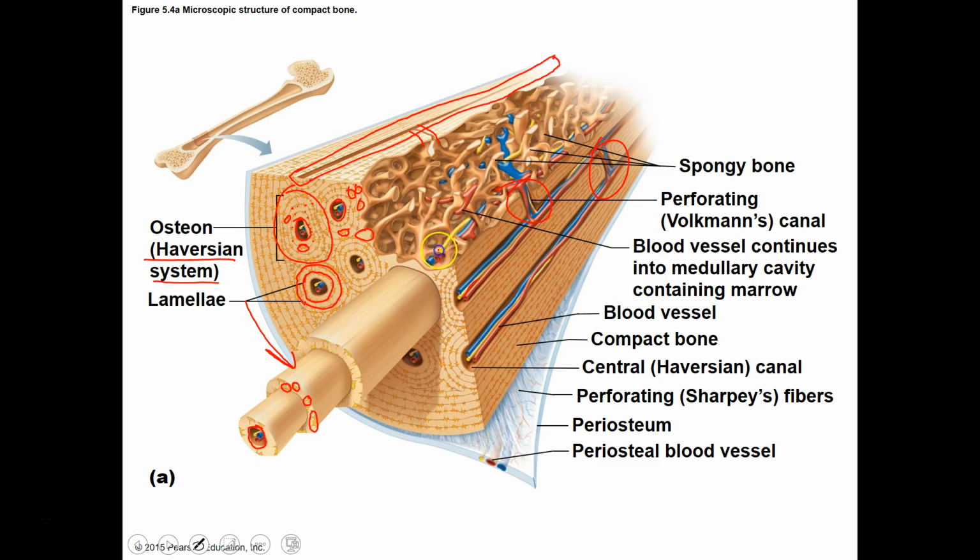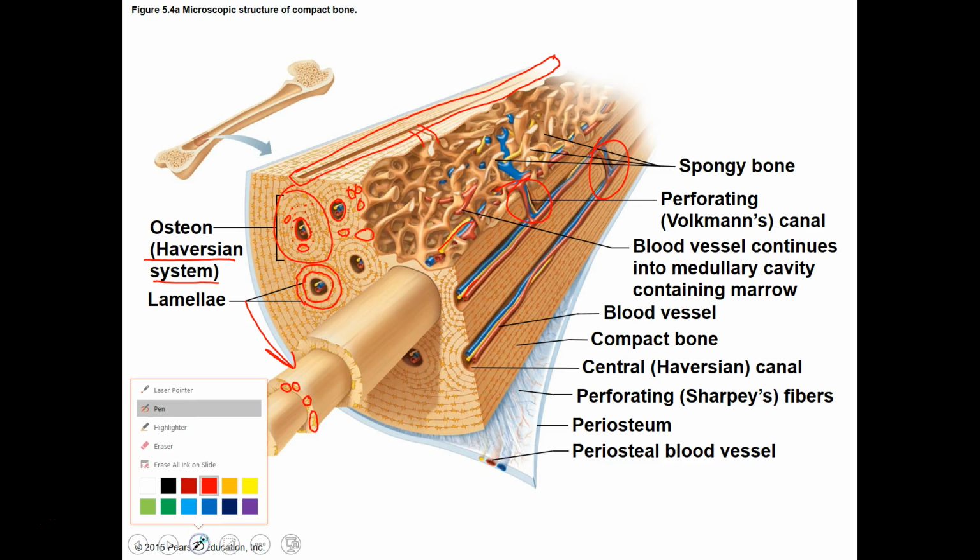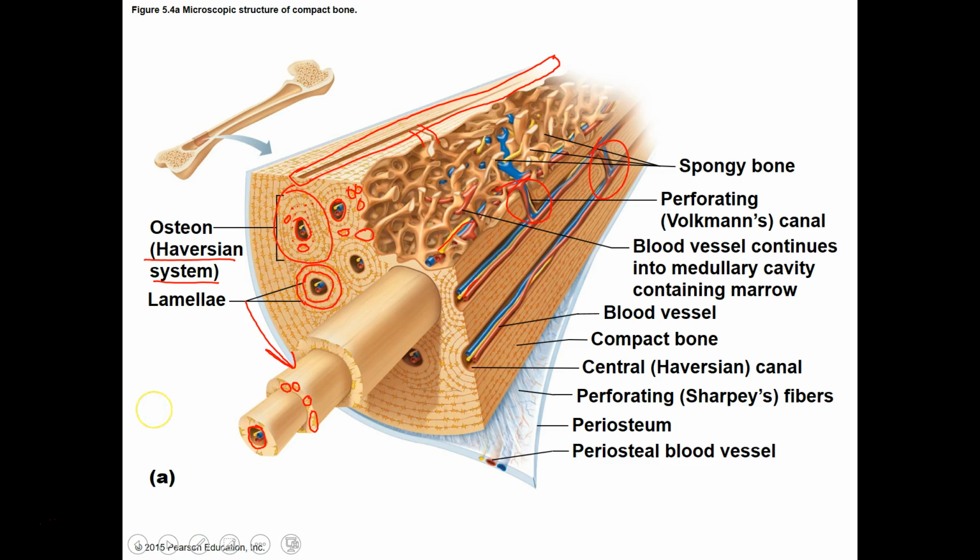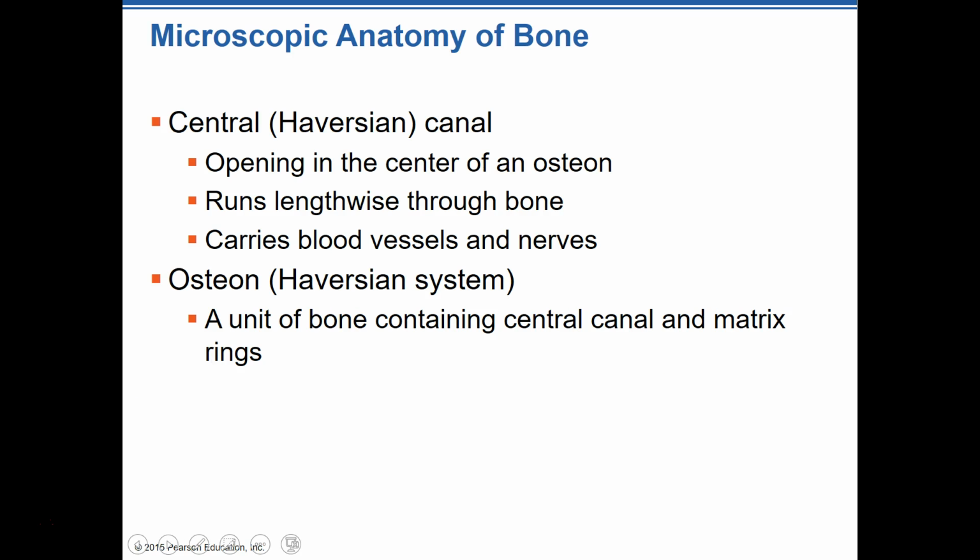We also have some nerve endings in here that are sensory nerve endings that let us know when something's wrong, so that we can sense pain in our bone. That's why a broken bone hurts, because there are nerve endings inside of the bones that sense pain. So that is the Haversian system. Kind of have an idea of how that works and what that looks like.